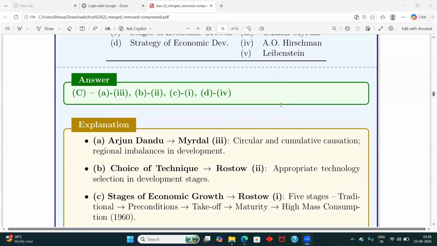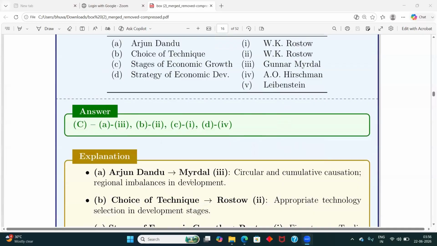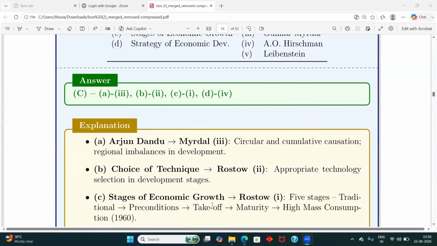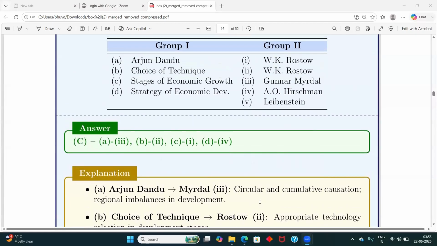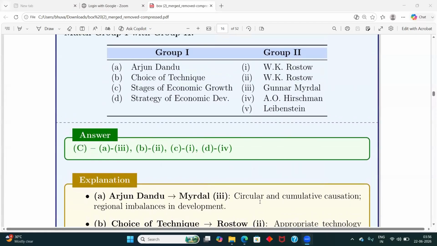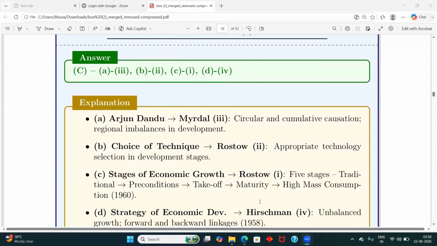Arjun Dhandu is given by Myrdal, who talks about circular and cumulative causation, regional imbalance in development. Choice of technique is given by Rosto, appropriate technology selection in the development stage. Stages of economic growth is given by Rostow. Here the two Rostows are the same, not another economist's name.